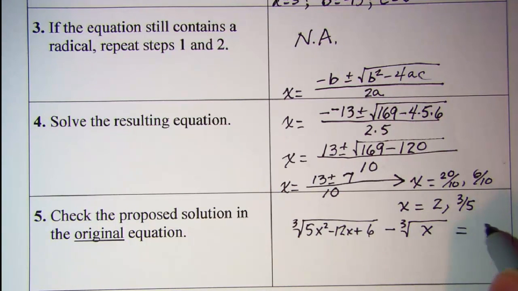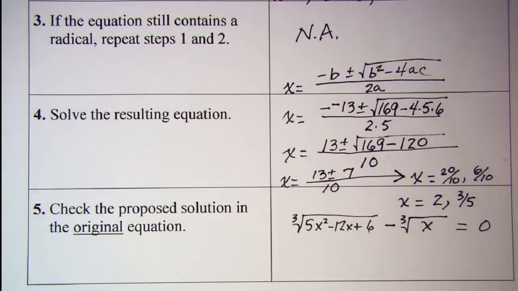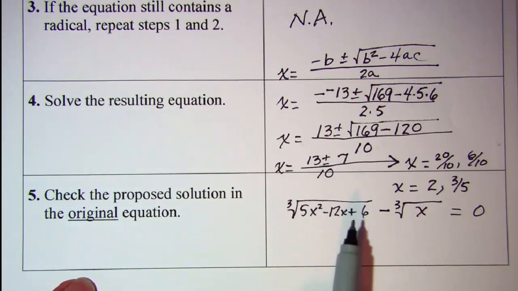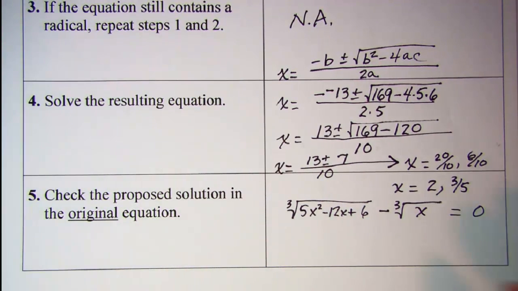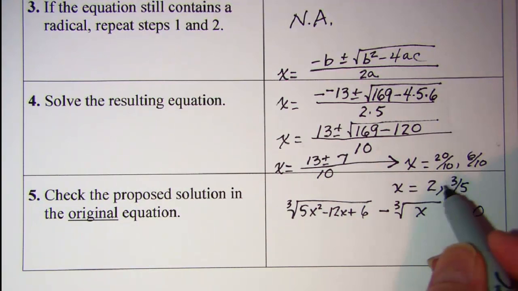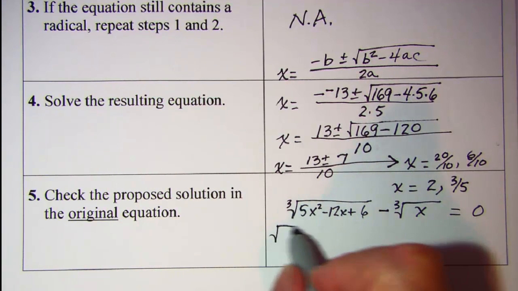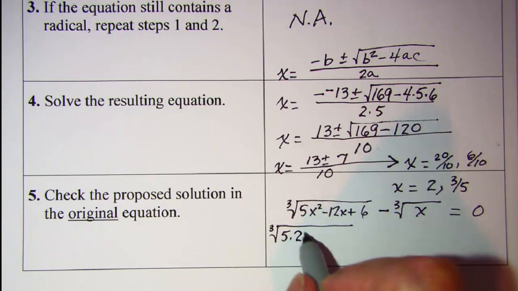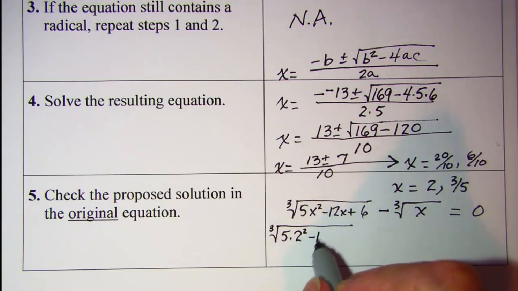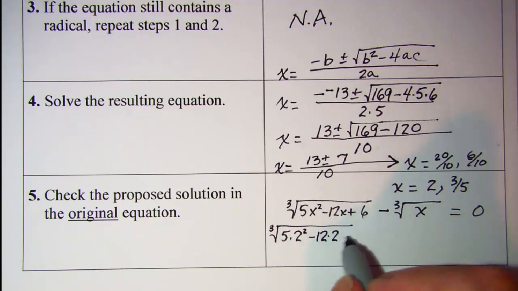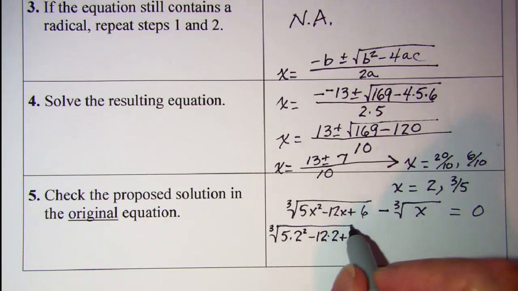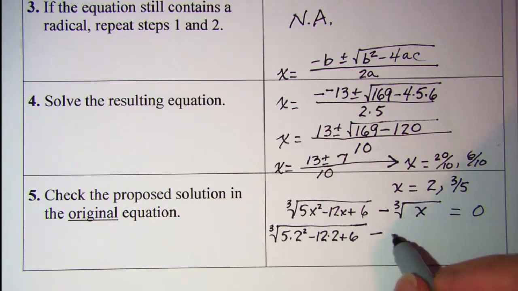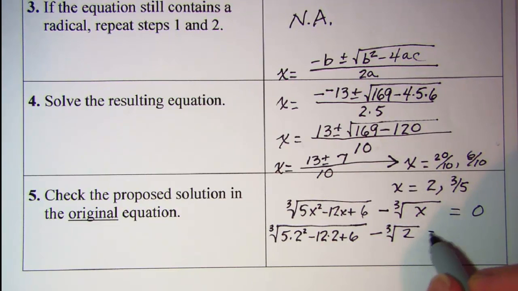And that needs to equal 0 in order for that solution to work. So the first one that I'm going to check is x equals 2. So cube root of 5 times 2 squared minus 12 times 2 plus 6, minus cube root of 2. And I need to know if that equals 0.